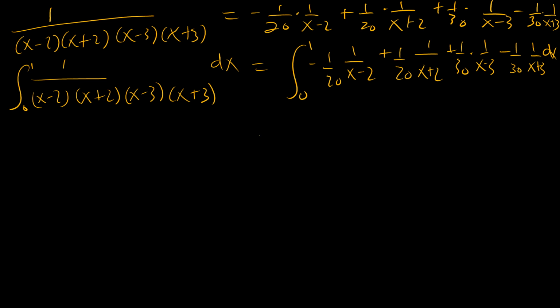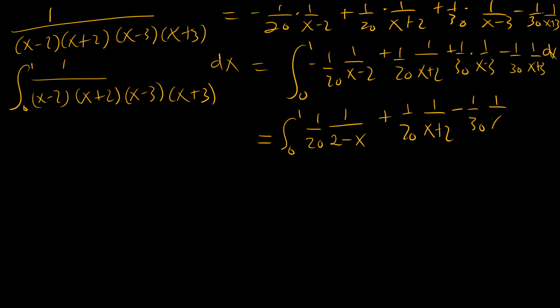So the integral within that domain becomes 0 to 1 of 1/20 times 1/(2 minus x), plus 1 over 20 times 1/(x plus 2), and then here again we will flip: 1 over 30 times 1/(3 minus x), minus 1 over 30 times 1/(x plus 3) dx.